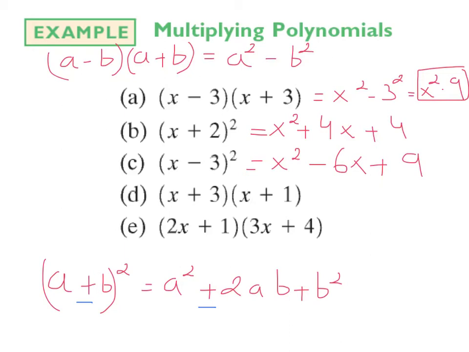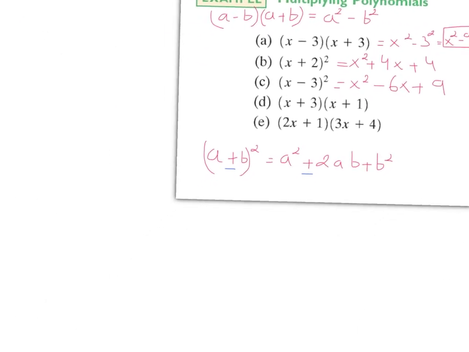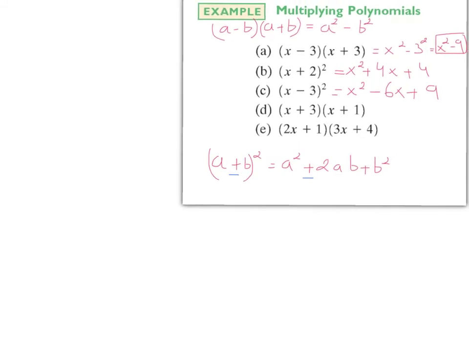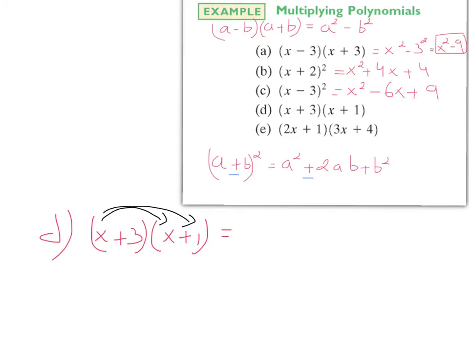Now here we have x plus 3 times x plus 1. So here we can use the distributive property. So d, we can write d here. So we got x plus 3 times x plus 1 equals, now x times x and x times 1, 3 times x and 3 times 1.